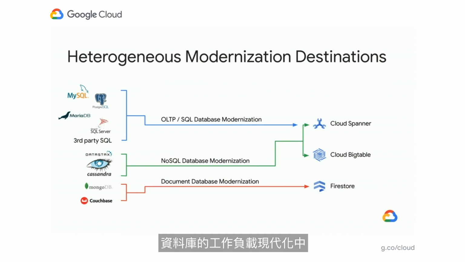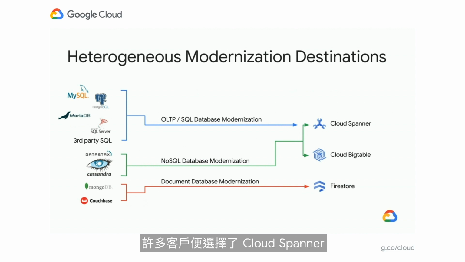Now, what do we see in our customers? What are the journeys that we see a lot of times? Here I want to point out that for OLTP and SQL database modernization workloads, we see a lot of customers that hit certain challenges with their existing relational databases. They want to move into a more managed, scalable, and SLA-backed solution.